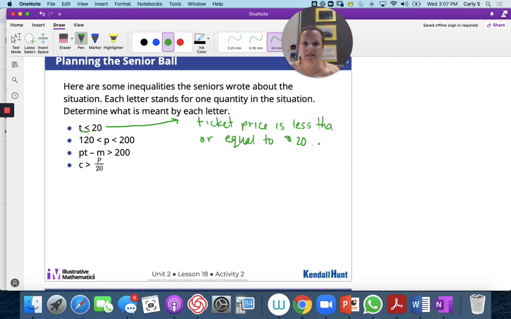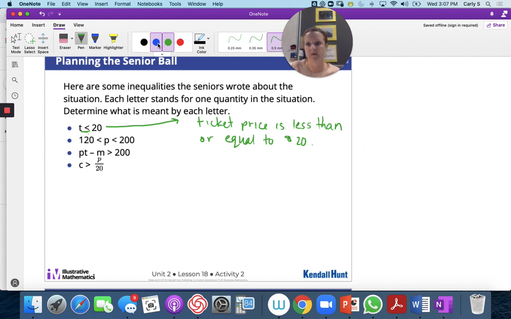It was one of the things the seniors talked about. In their blurb, it said, ticket price cannot exceed $20 per person. So the ticket price is less than or equal to $20, right?